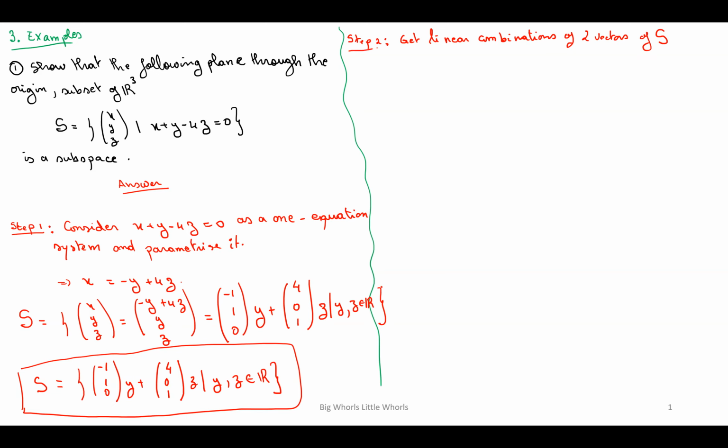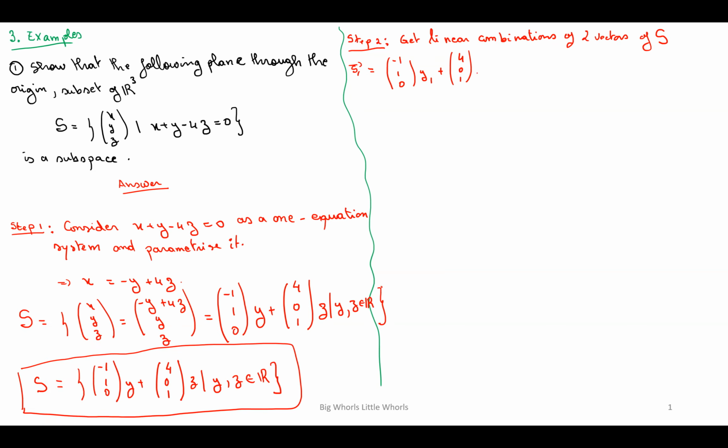Okay, so based on the way we have rewritten the subset S, an element s1 is going to be a combination of (minus 1, 1, 0) y1 plus (4, 0, 1) z1. Okay, what have I done there, it is z1, not y1.